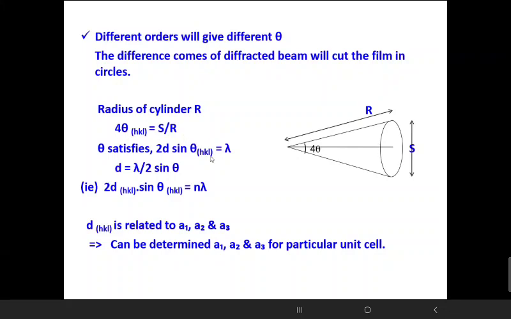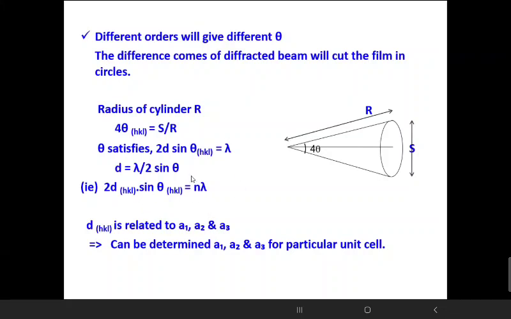For the Bragg condition, 2d sin theta equals n lambda. If you take n equal to 1, then 2d sin theta equals lambda, so d equals lambda over 2 sin theta.